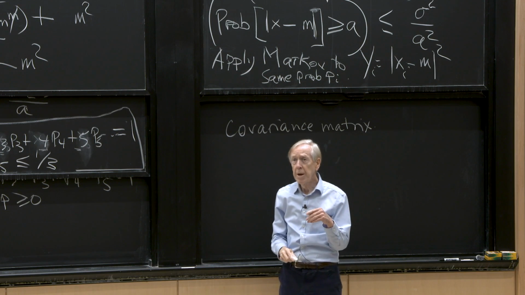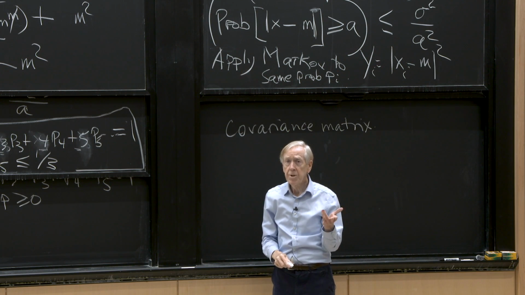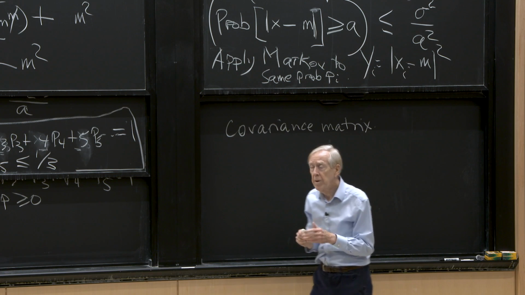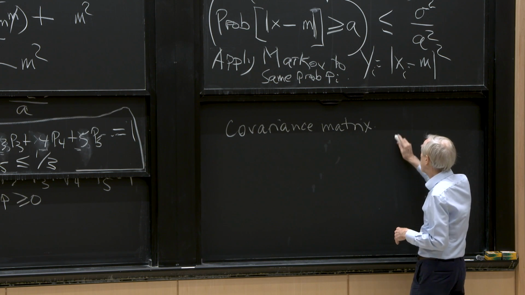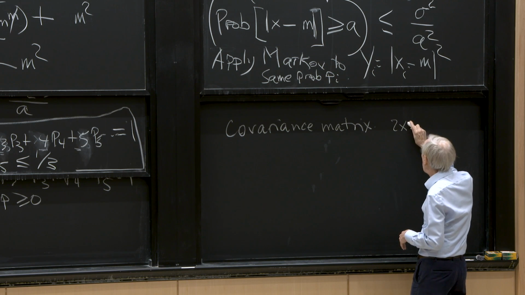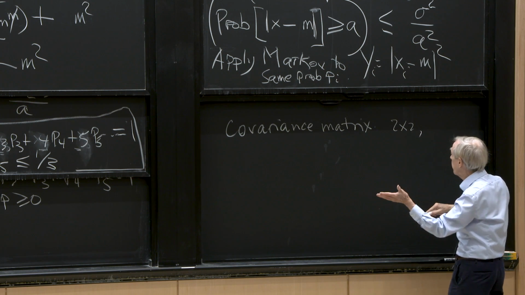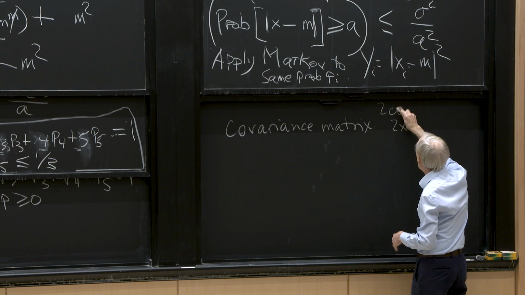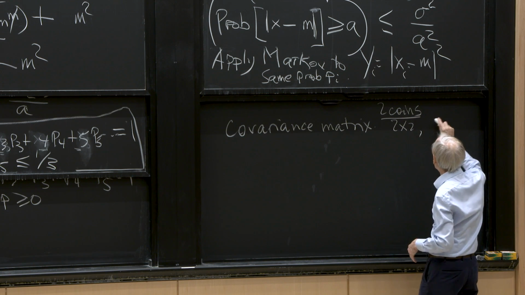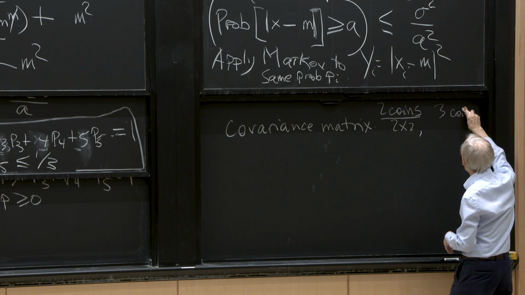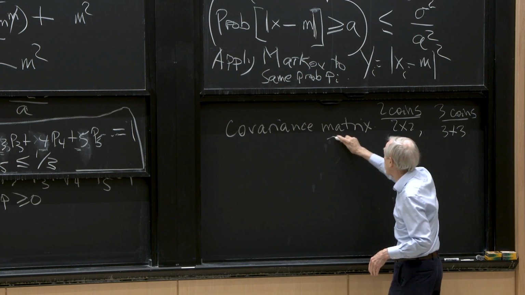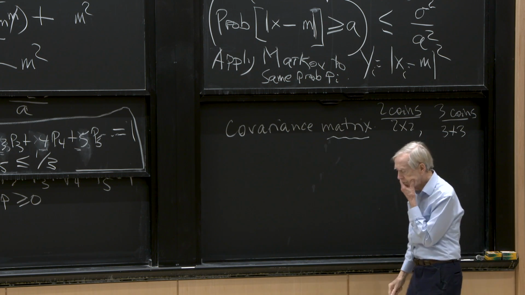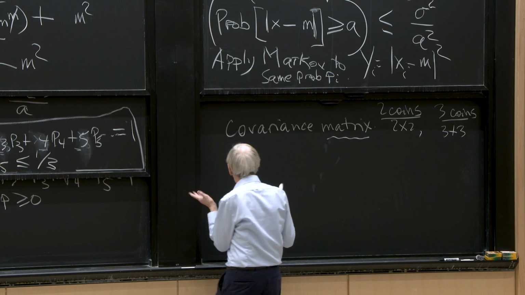I'm saying matrix because it's going to be 2 by 2 for 2 coins. So it is a matrix. For 3 coins, it will be 3 by 3, but it is a matrix. Okay, so how is it defined? And what am I going to call it?